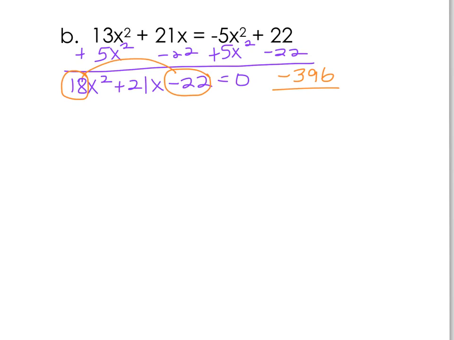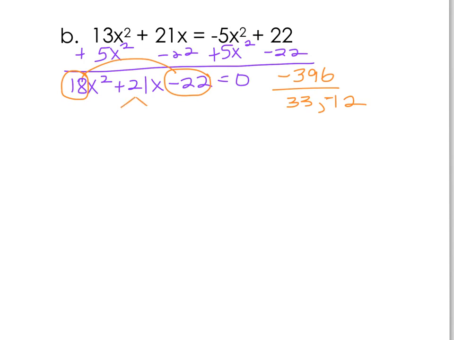I'm going to save us a couple minutes here and just tell us that the factors are, get this, 33 and 12. I know, it would have taken a while to get there, but we would have figured it out. Now, we want negative 396 when we multiply and positive 21 when we add. That means the 33 needs to be positive and the 12 needs to be negative.